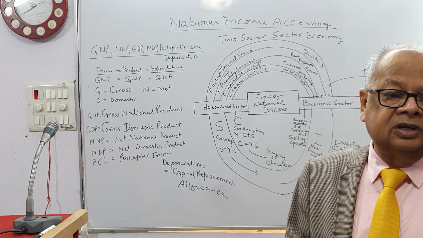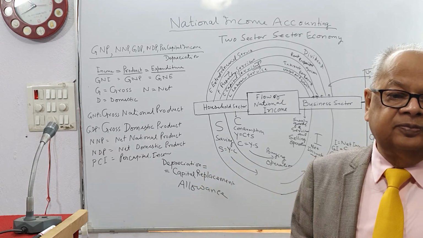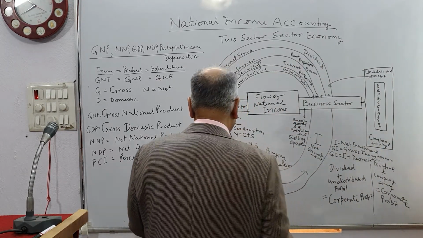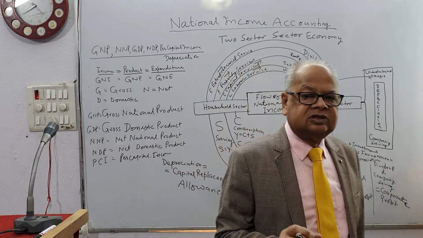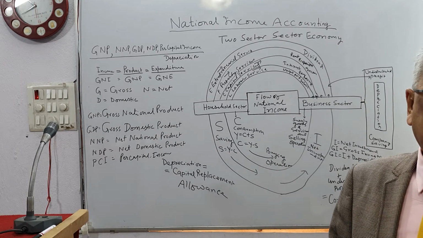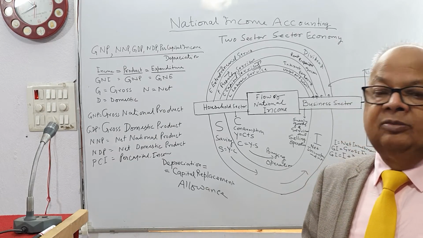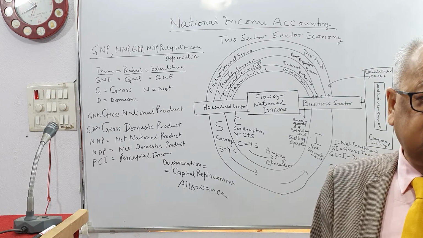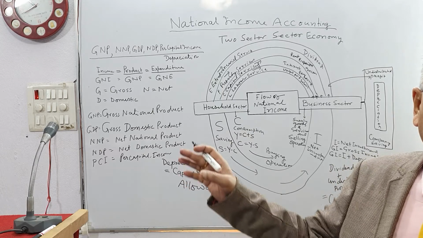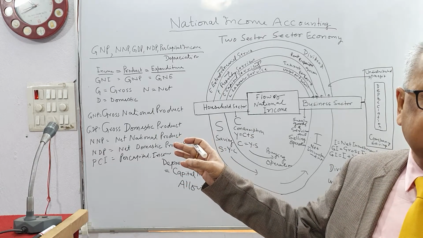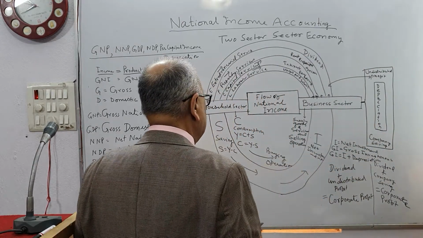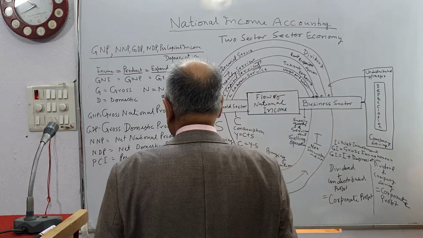You have to replace it by new machinery. Therefore, this capital replacement allowance is the most essential part of continuous development of the capitalist economy. And capitalists are very much interested that their old machinery will be replaced by new machinery. And for that they have made a provision of depositing in the depreciation fund account.